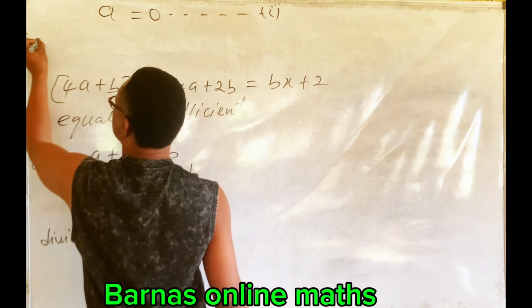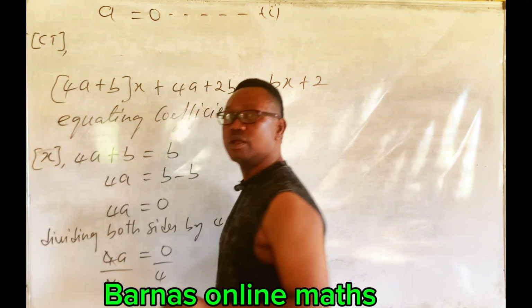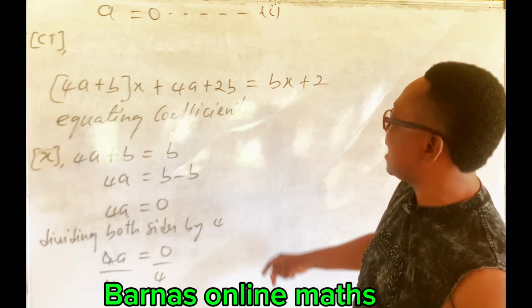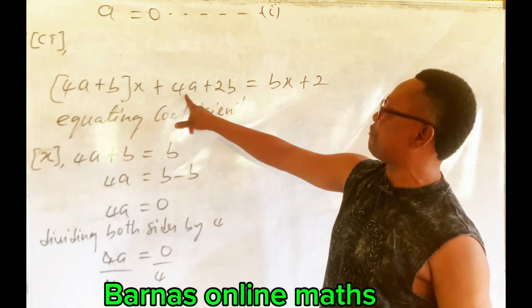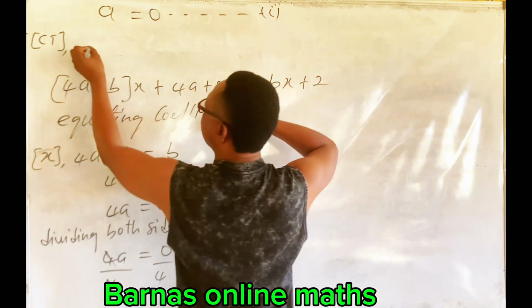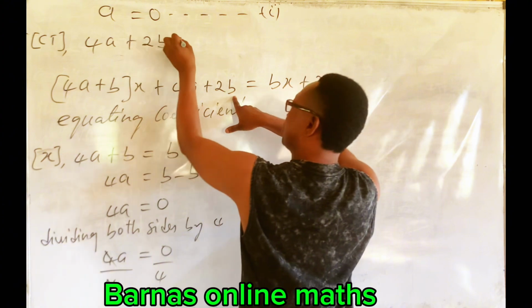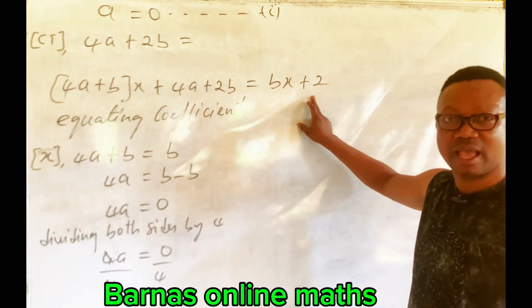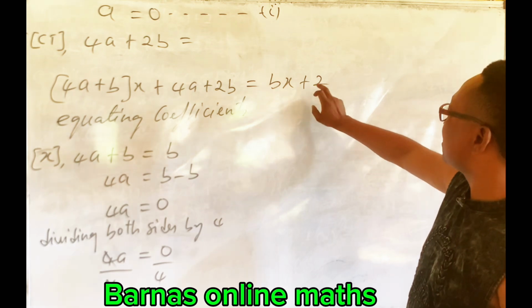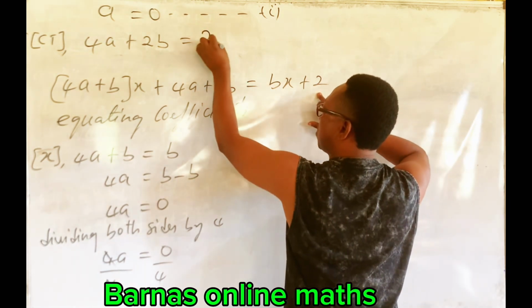Now, for the constants, what is the constant in the left hand side? Said to be 4a plus 2b, which is equals to the constant in the right hand side. And the only constant in the right hand side here is 2. So this is equals to 2.